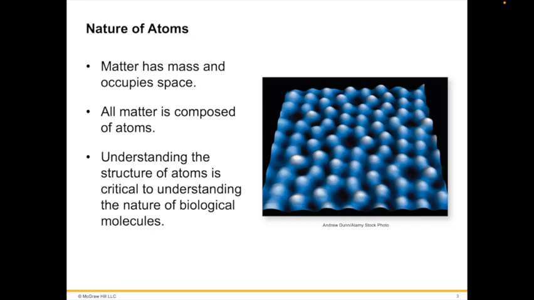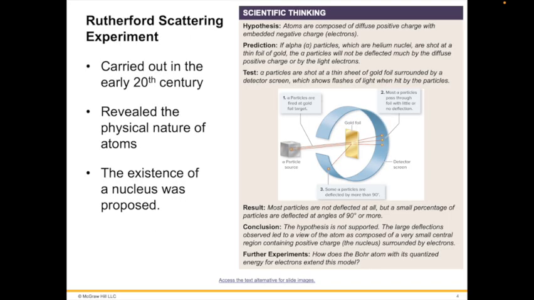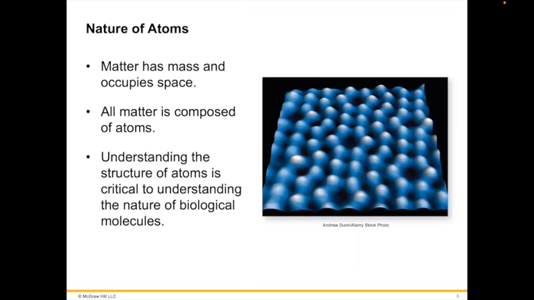Figure 2.1 shows the Rutherford scattering experiment. Objects as small as atoms can be visualized only indirectly by using complex technology such as tunneling microscopy, which you can see here in Figure 2.2.